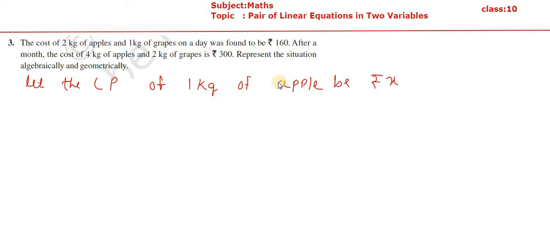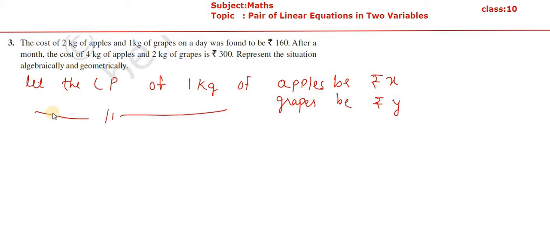And similarly, let the cost of 1 kg of grapes be rupees y. Is it clear? So in the class we can write like this. Write all these things. Let the cost of 1 kg of apple be rupees x and the cost of 1 kg of grapes be rupees y.